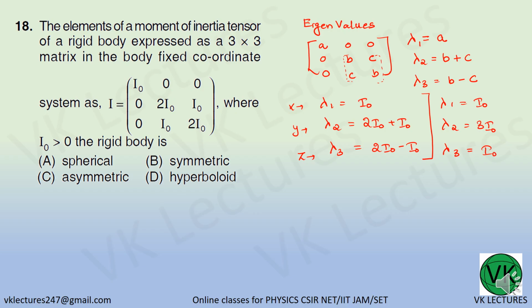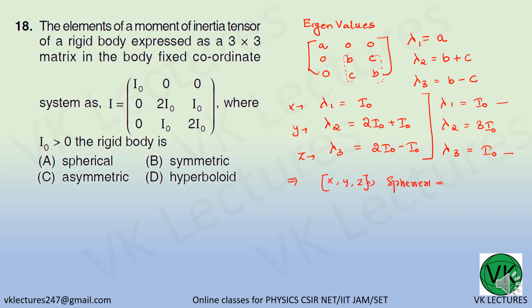So it is symmetric with respect to the x and z axes, and with respect to y it's not. If along the x, y and z axes you have the same moment of inertia, or the eigenvalues are the same, then it will be spherical.